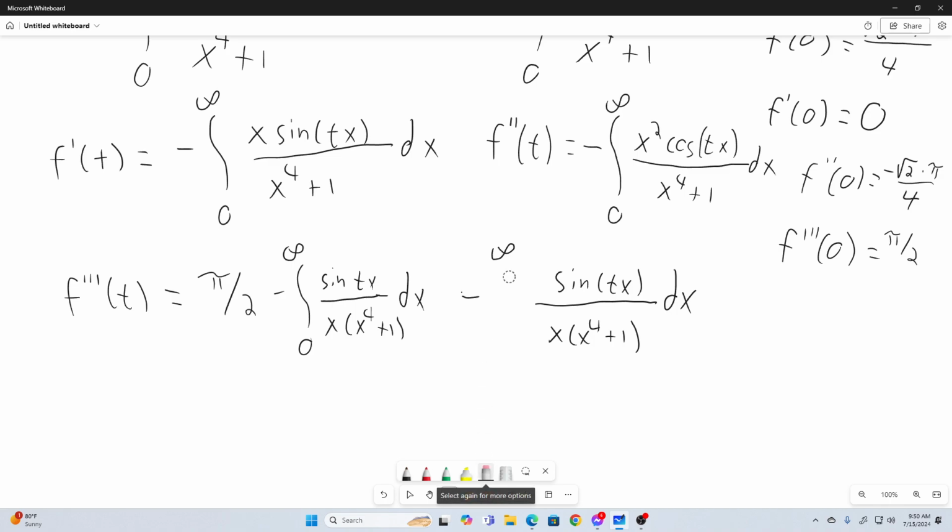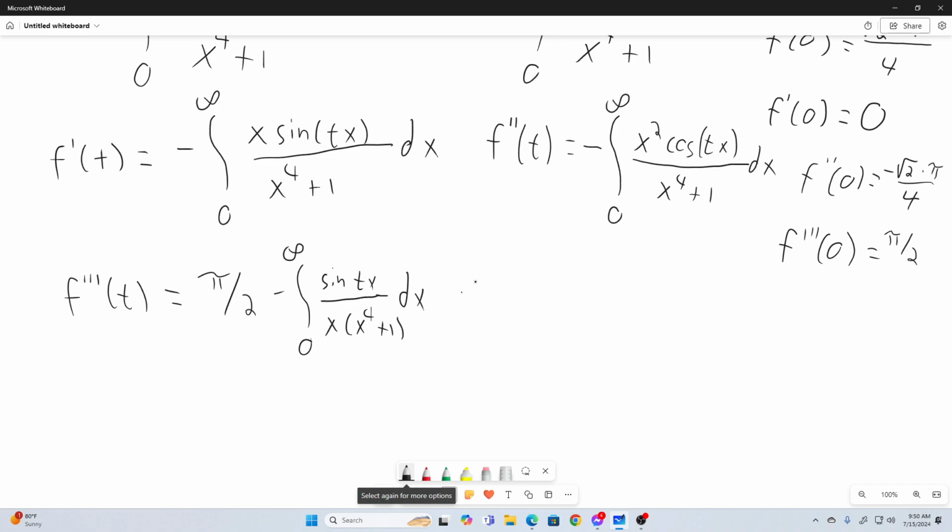Now, let's get rid of this. All right. So now let's move on to f quadruple prime of t. And this will be the last time we have to do this. Well, taking the derivative with respect to t of pi over 2 is going to give us 0.